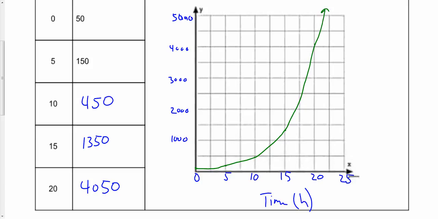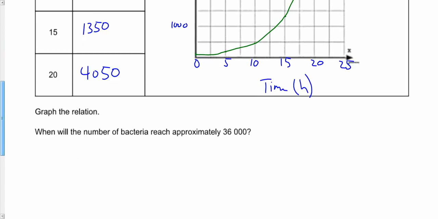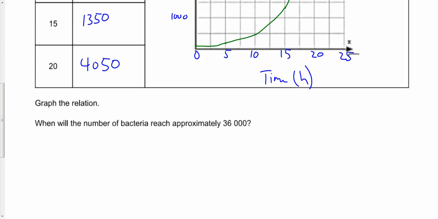Okay? So now that I've graphed the relationship, when will the number of bacteria reach approximately, not 36,000, but 3,600?